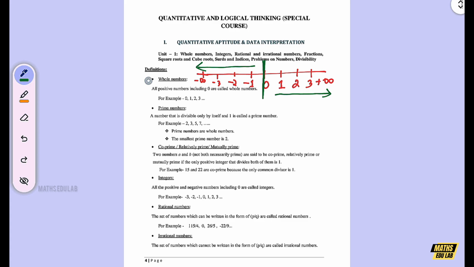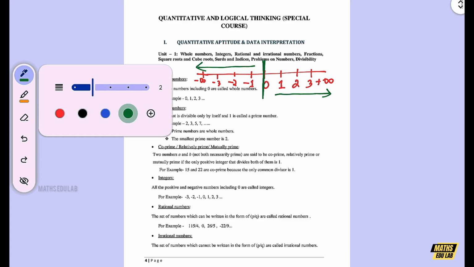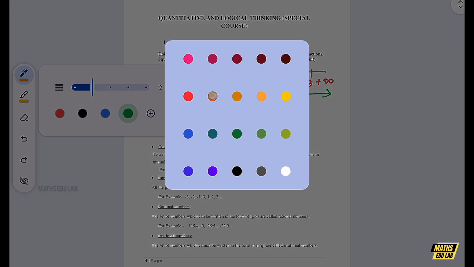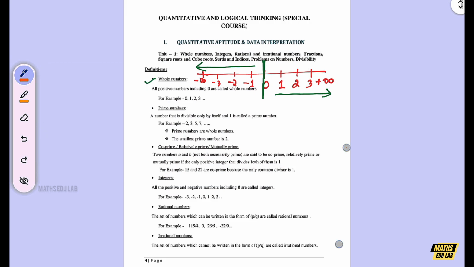So what is a whole number? The whole numbers are nothing but all the positive integers including 0. This part is our whole numbers, which starts from 0 to infinity. Now we will discuss prime numbers.